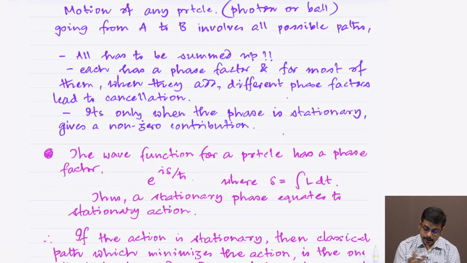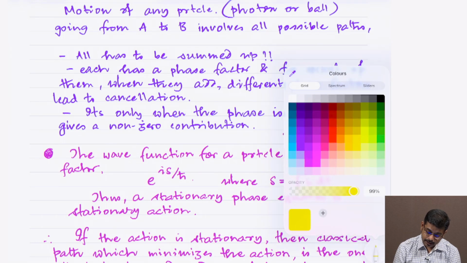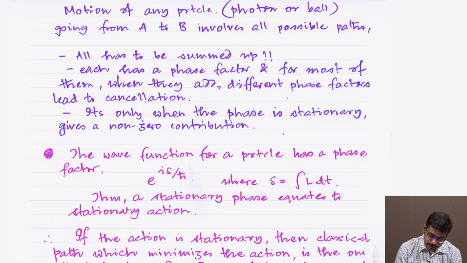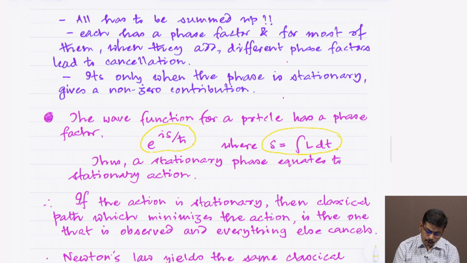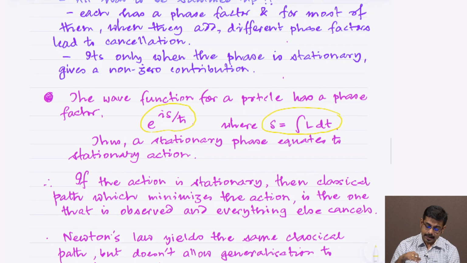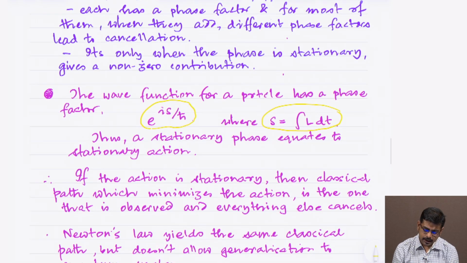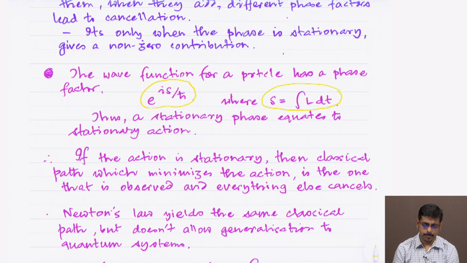If you think of it in terms of wave functions, then the particle has a wave function which is a function of e to the power i S by h cross, where S is the integral of L dt, which is the action. So, the stationary phase equates to the stationary action, which in turn indicates the variational principle that we talked about.